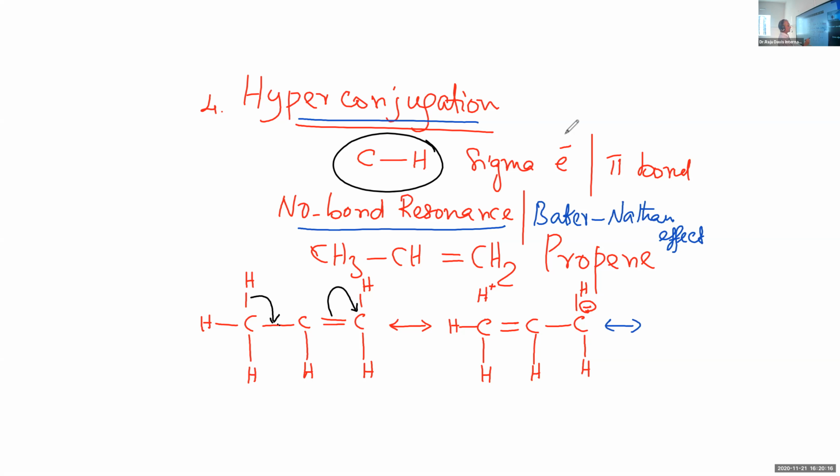In the next instance, this electron pair moves to this gap and a new bond is formed between H plus and C. And so the structure will be C, here there is H, a sigma bond H, a double bond CH, and here there is a CH2 minus.